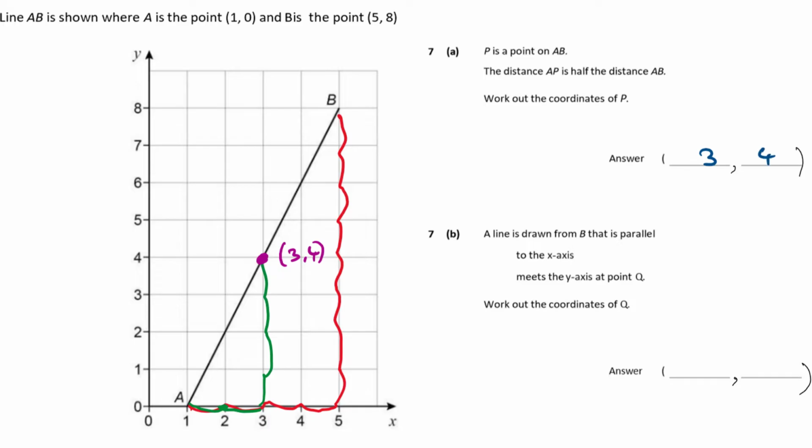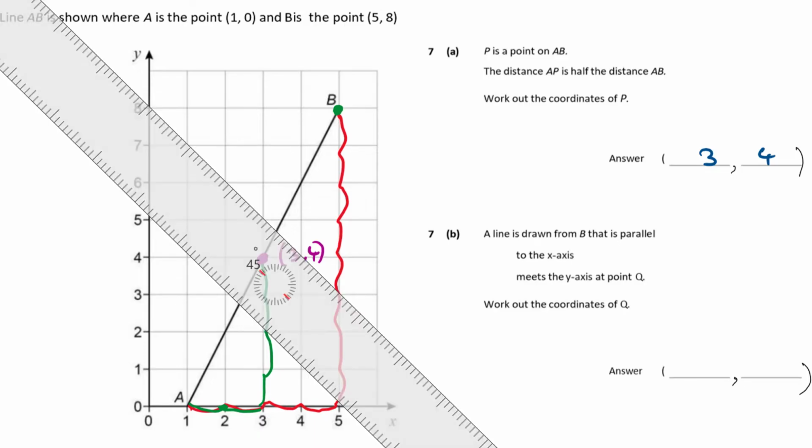Okay, and then part B says a line is drawn from B that is parallel to the x-axis and meets the y-axis at the point Q. Work out the coordinates of Q. So a line is drawn from B. Where's B? B is here, and it's parallel to the x-axis.